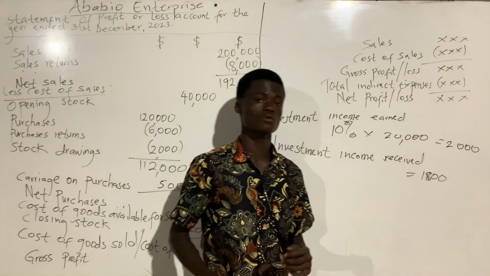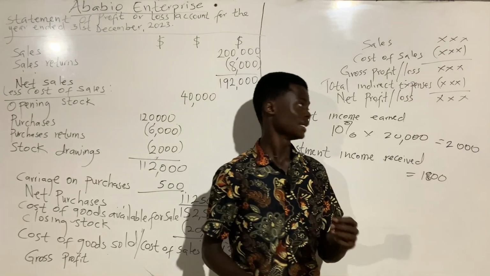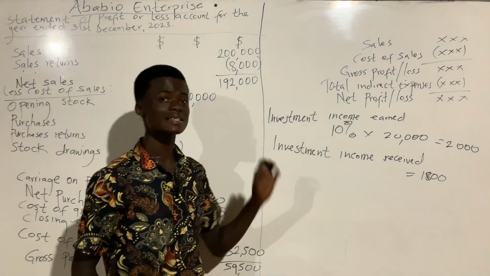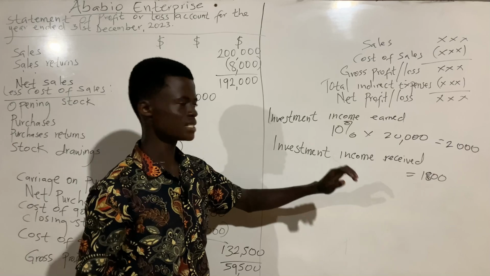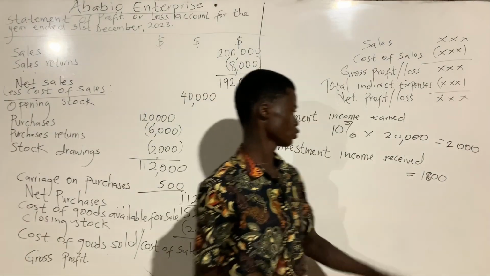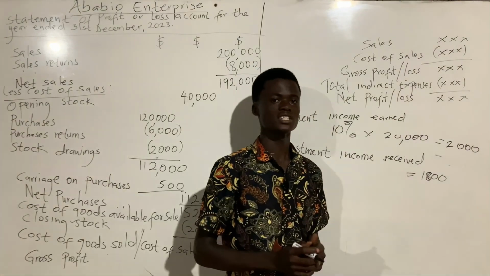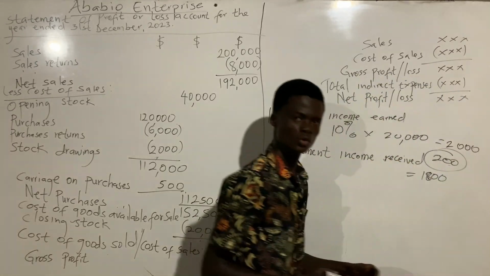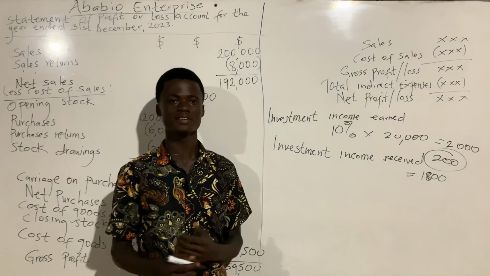But as the matching concept says, in preparing a statement of profit or loss account, it is the revenue earned that will be matched against your expenses incurred, not the revenue received. So this means that it is the $2,000 that will be added to the gross profit, not the $1,800. So when you get to the statement of financial position, that difference of $200 will be treated as current assets because we've earned the revenue but we've not received it yet.